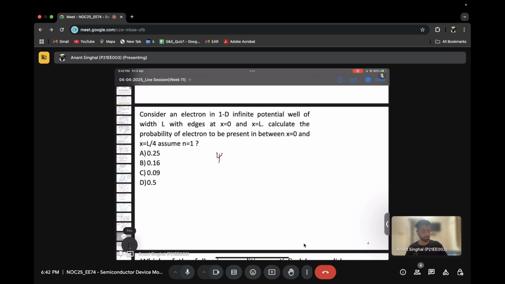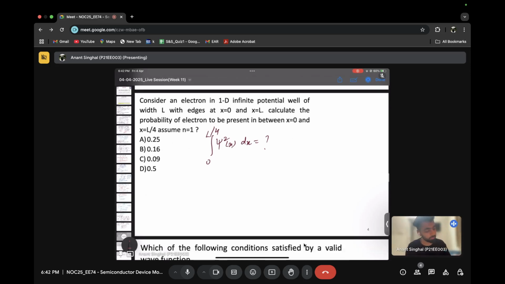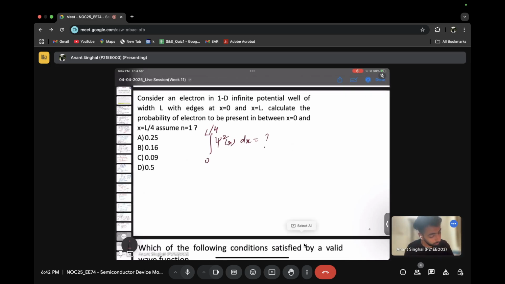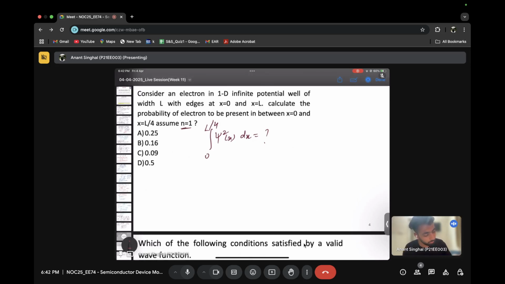Yes, this is the probability, right? This is what we need to calculate. Sorry, from 0 to L by 4 it is saying. We already know the solution, what psi square is, and we just need to put in the value. It is already given that n is 1, so let me do that.